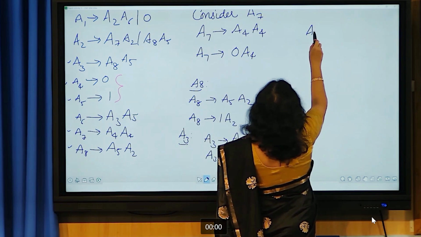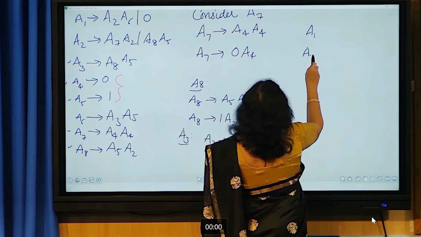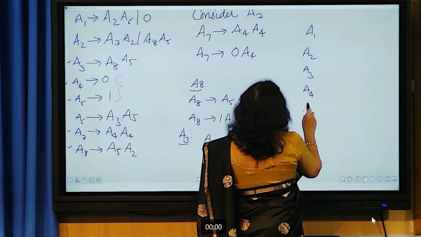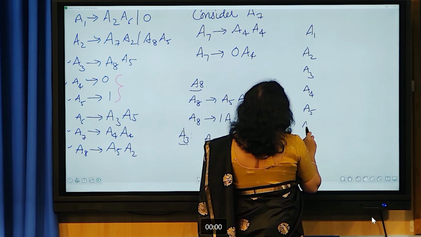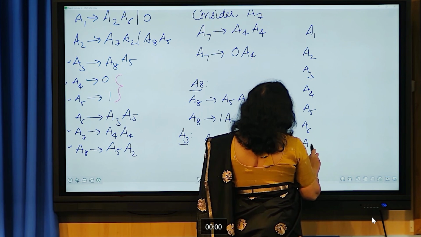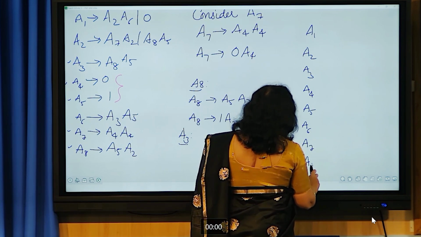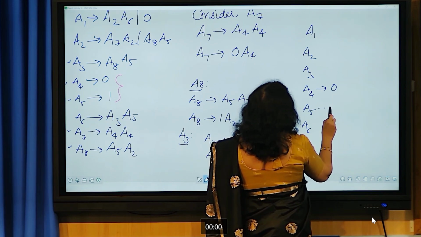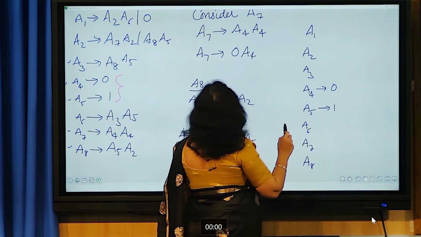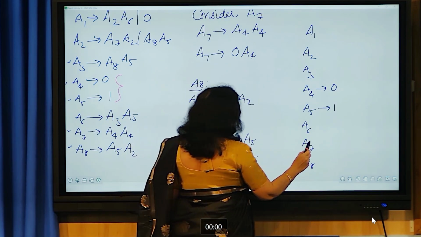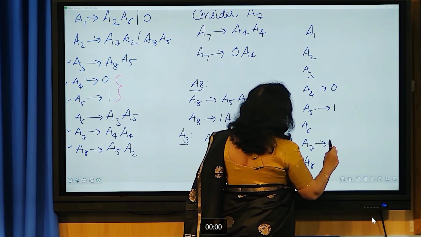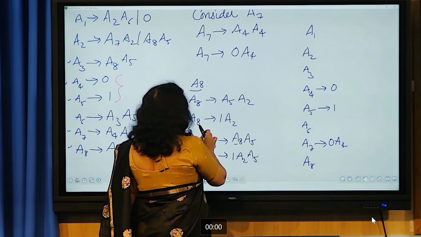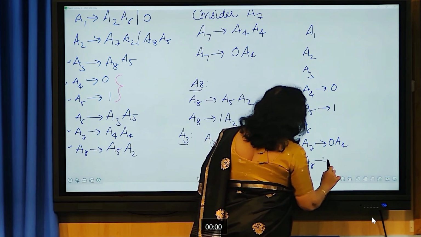So, this is A1, A2, A3, A4, A5, A6, A7, A8. A4 is in GNF, A5 produces 1. I got A7 is 0, A4. A8 is 1, A2.